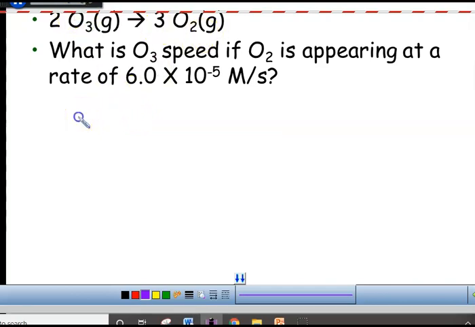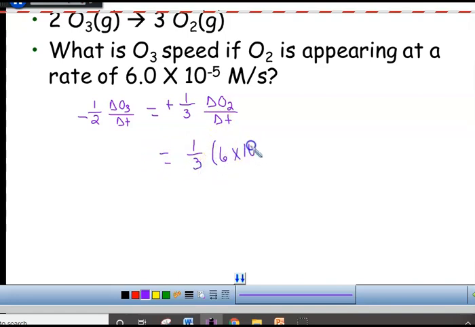So I'm going to set this up like you would if we were comparing. So I would say a -1/2 change in O3 divided by change in time would equal a +1/3 change in oxygen divided by change in time. So that's writing up that relationship. I know oxygen speed, so I know O2. So I would say 1/3 of 6 times 10 to the -5 molarity per second is going to equal a -1/2 of x.